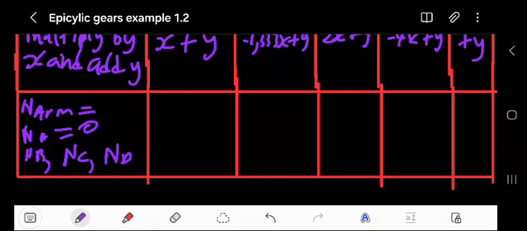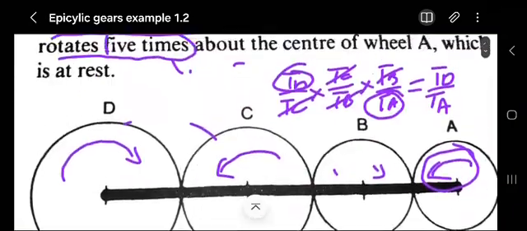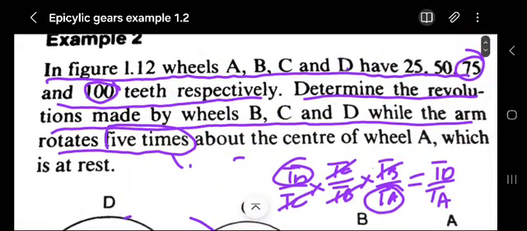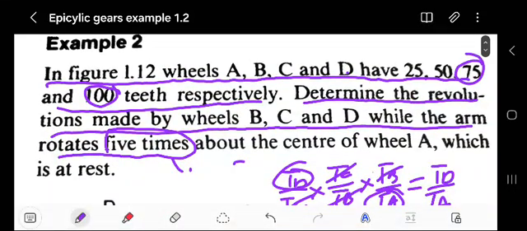The arm is 5. They say that the arm rotates 5 times about the center of A, which is at rest.